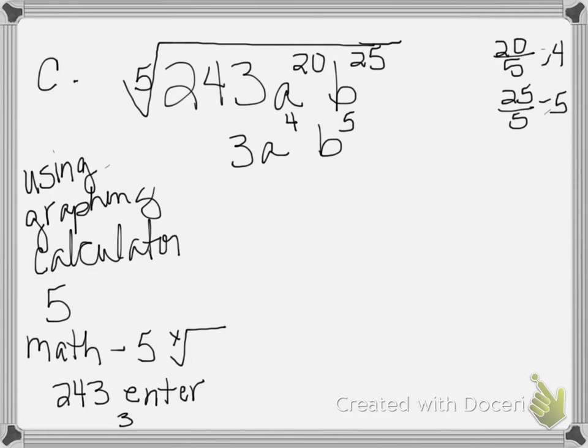Now, a scientific calculator has that button too. You can hit 5, hit second or alt, and that button. You'll just have to play around. Every calculator is a little different.